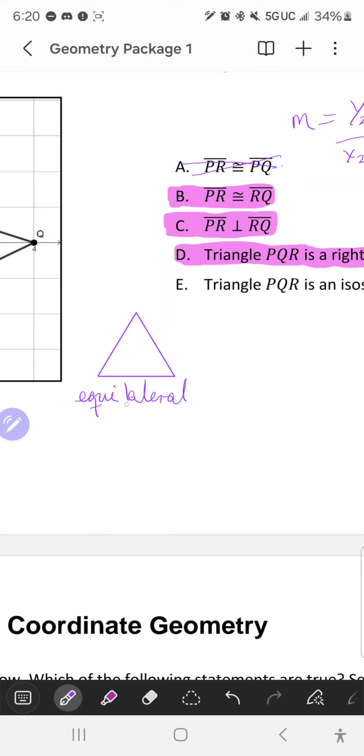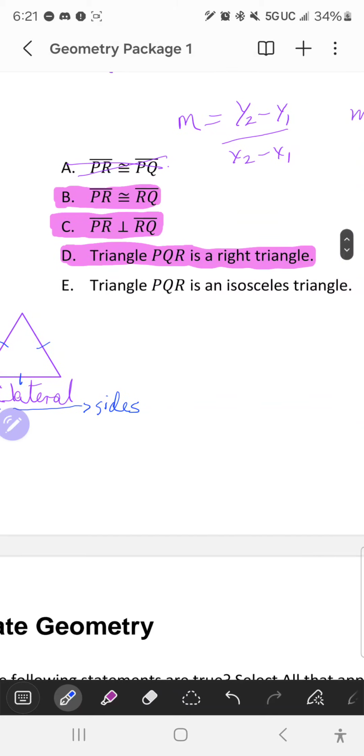Equi just means equal, lateral just means sides. If you know Spanish, it's easy, because in Spanish, lados, sides, sounds the same. So equilateral just means equal sides. As you can imagine, an equilateral triangle has all its sides equal.